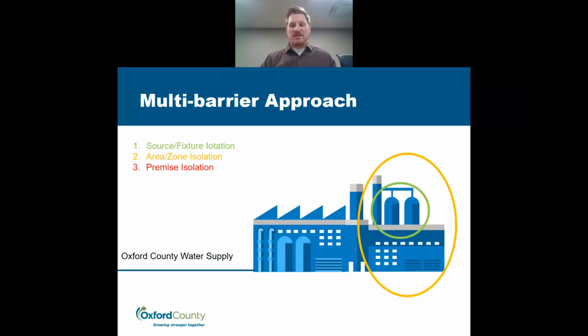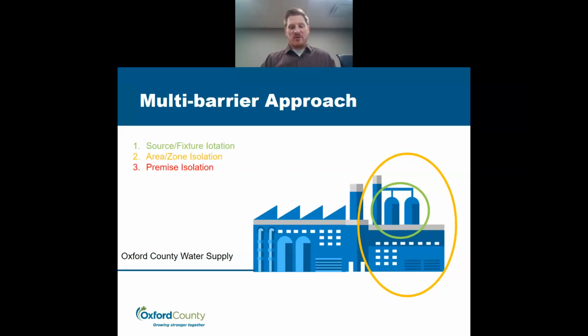Further to that, they could use area or zone isolation to prevent water from being drawn from a certain section of a facility, such as a laboratory or a process room, into the rest of the facility as a whole. This can also help to protect a water supply provided to employees for drinking water purposes or cleaning from being contaminated.